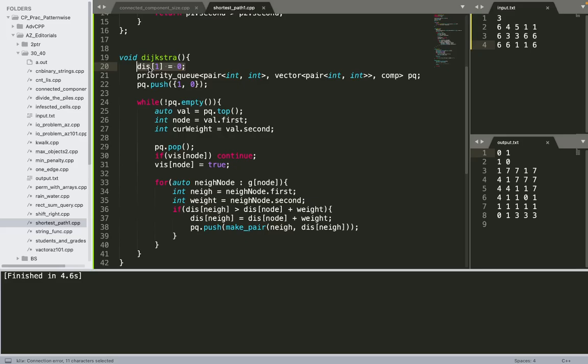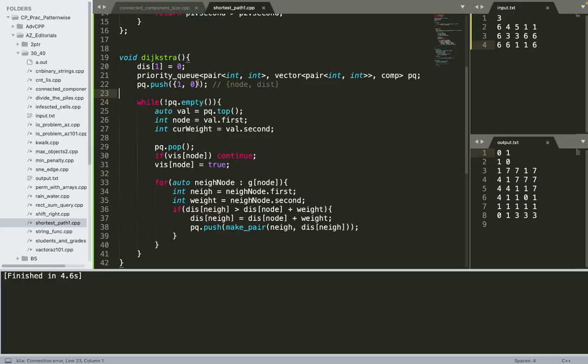We make a priority queue, and we push this node. So this is essentially node and distance. Distance from where? Distance from the source, which is 1. So that is pushed, and then we run the usual Dijkstra algorithm.